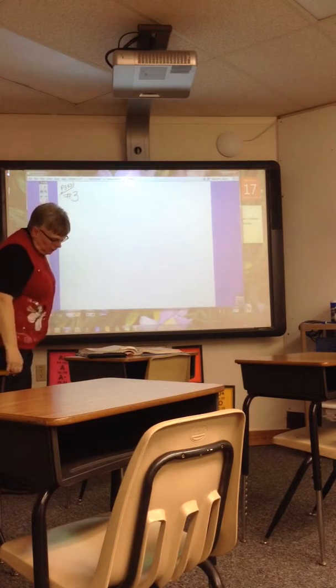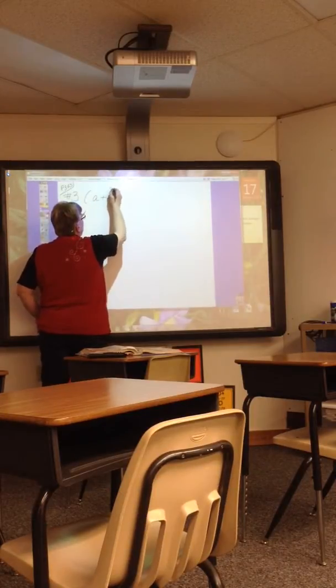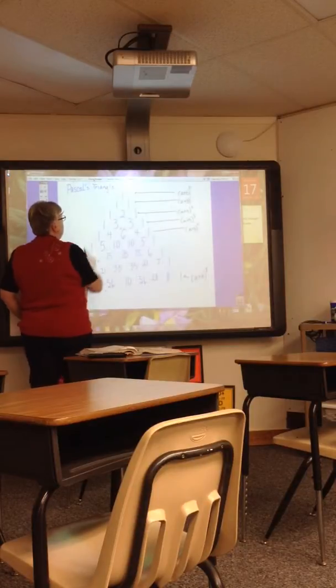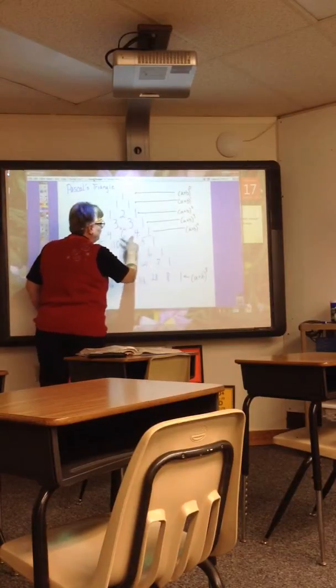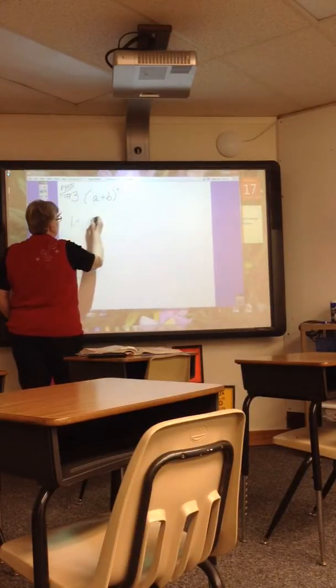And the original problem is a plus b to the 4th power. Now, if you go back to Pascal's triangle, these are my coefficients. These 5 coefficients are what I'm going to use.